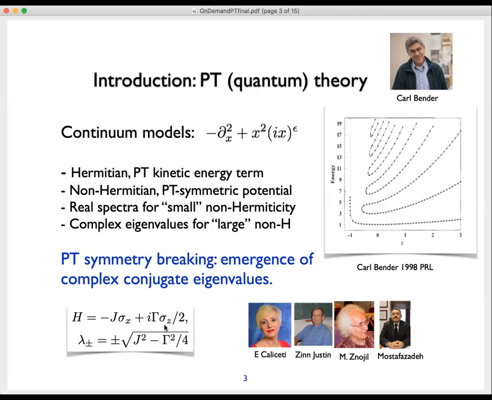And then there is an I gamma times sigma Z term, which is essentially a spin in a magnetic field where one component is real, the other one is imaginary, for example. And the eigenvalues are then given by this formula, where they will become complex conjugates whenever the gamma is greater than 2j in this particular case.